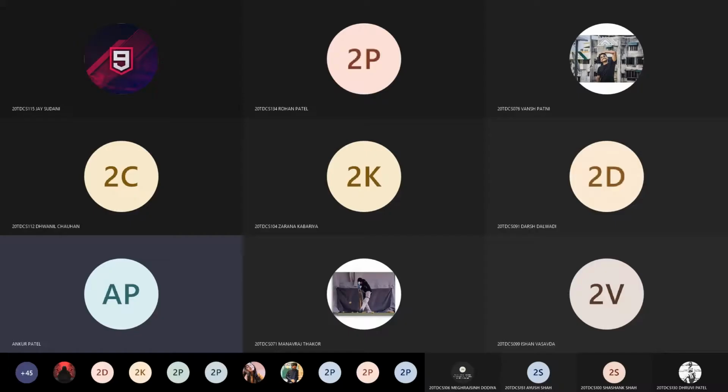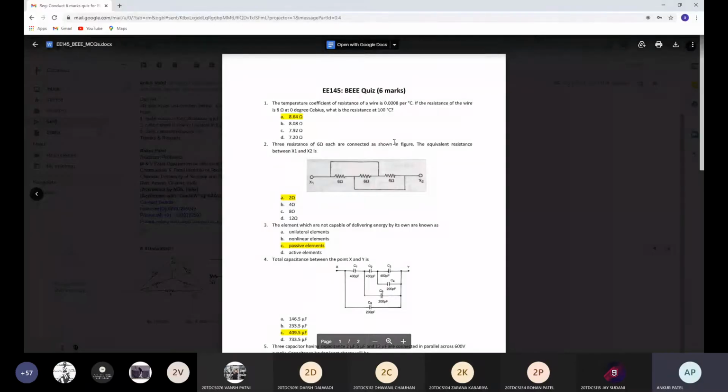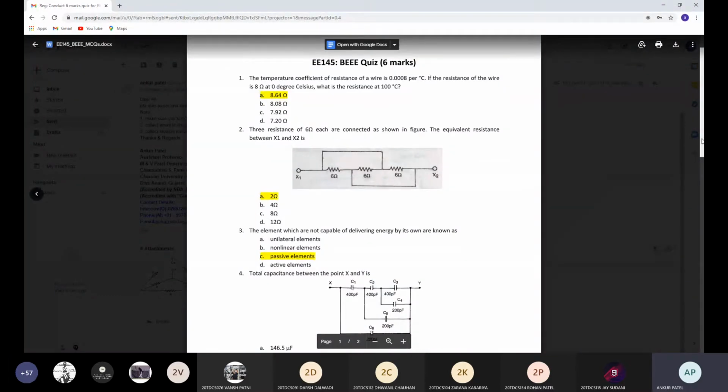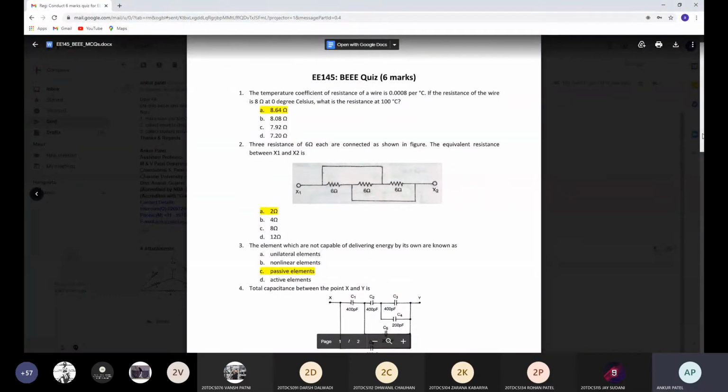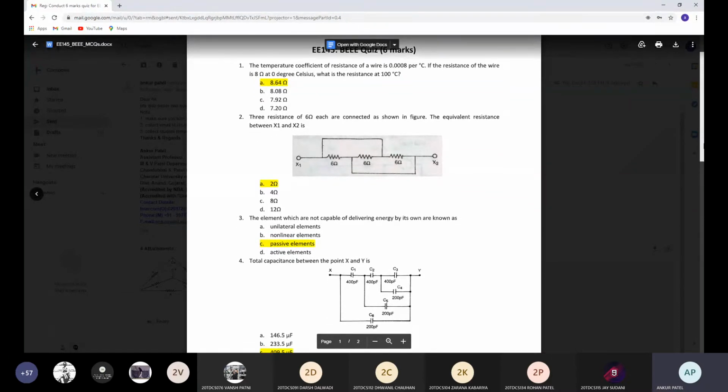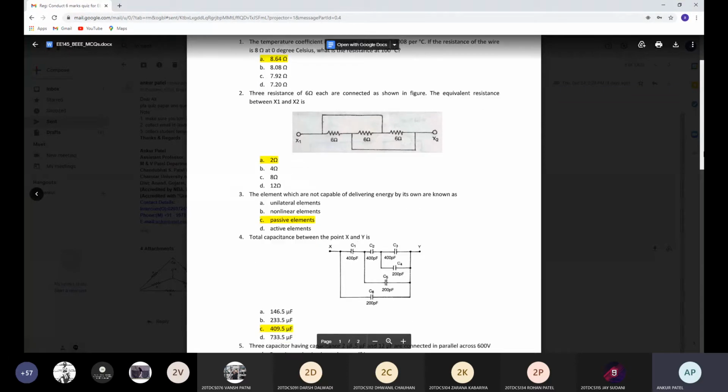In the second quiz on Saturday, we have this. This is the answer. Is it visible? Yes, sir. In temperature coefficient, we will get 8.64 ohm. Three resistances of 6 ohm each are connected, so we'll get 2 ohm.